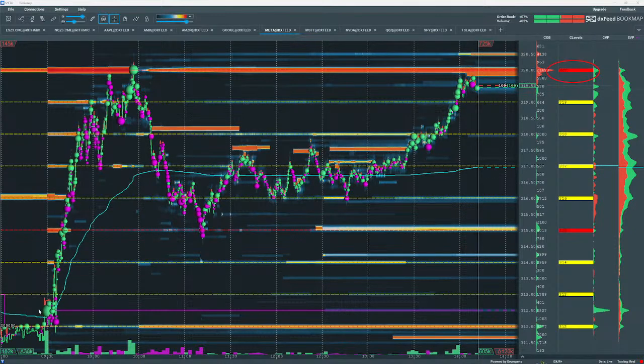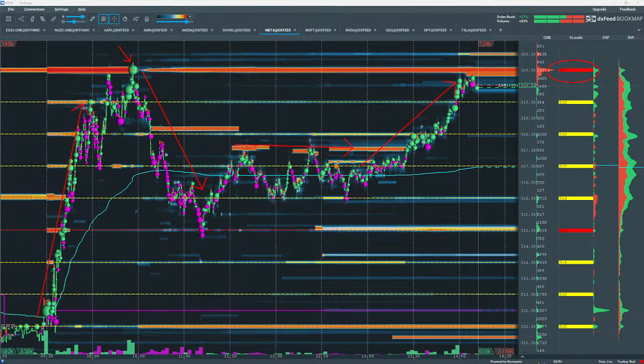Sharp rally from the open as traders were selling puts and buying calls. They take the foot off the gas at the 320 call wall. Price drops lower, consolidates, and then they start taking positive delta positions again, and price starts to move higher back to the 320 call wall.